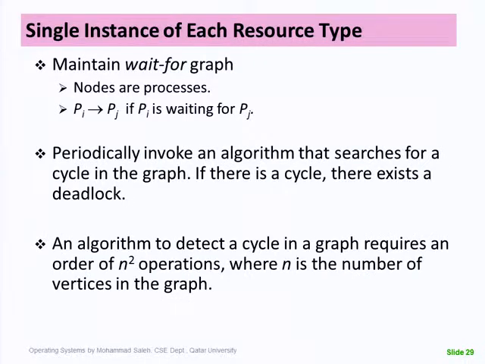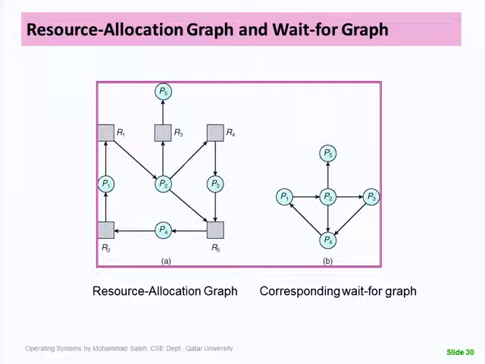Also, we can use the RAG graphs, or another simpler form that can be derived from the RAG graphs. It's called the wait-for graph. The wait-for graph is basically changing the graph to be interested only in dependencies between processes, which process is waiting for which process.